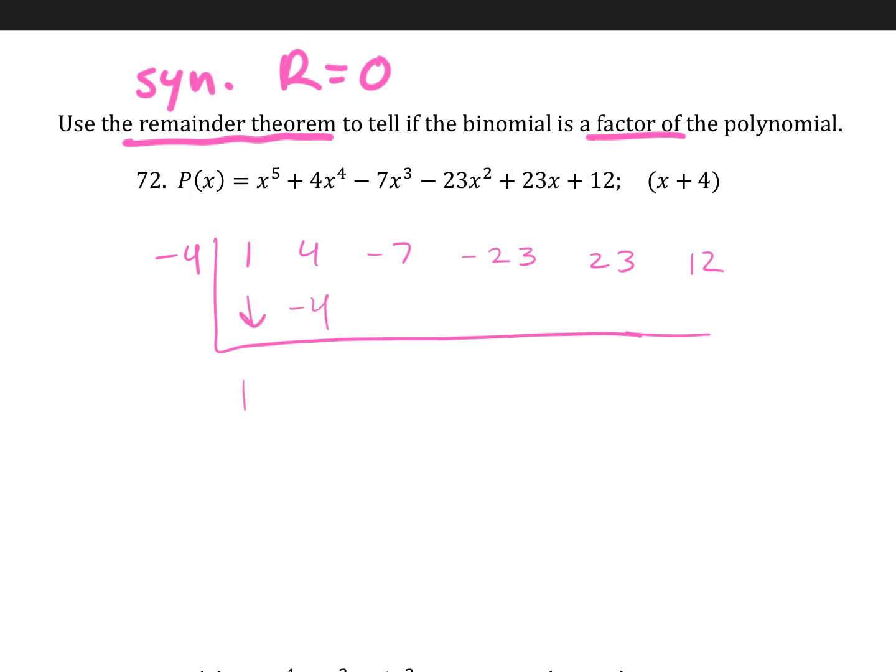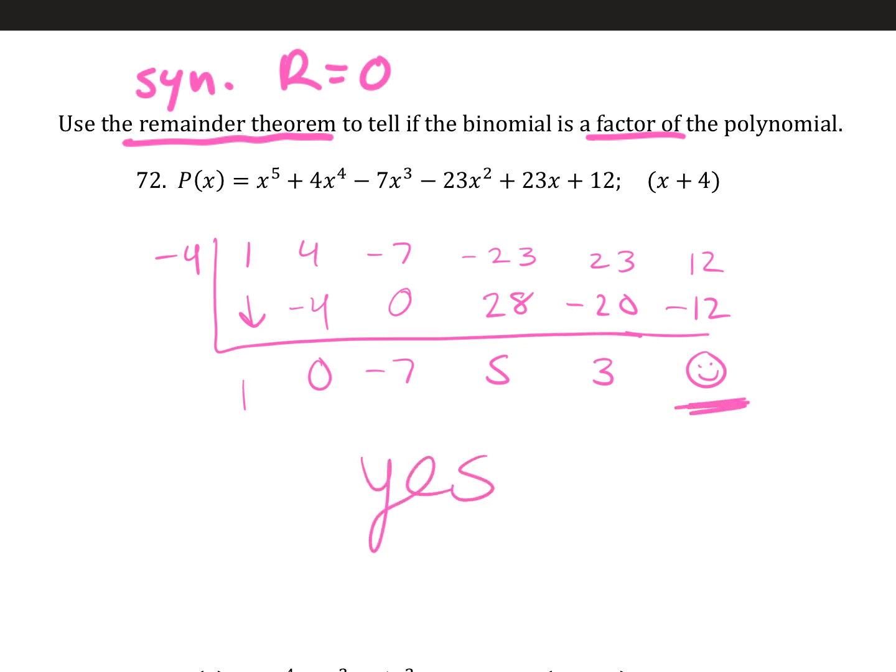So negative 4, this would be 0, 0, negative 7, this would be positive 28, so 5, negative 20, 3, negative 12, and 0. So is x plus 4 a factor? Yes. When your remainder is 0, that means that it is a factor.